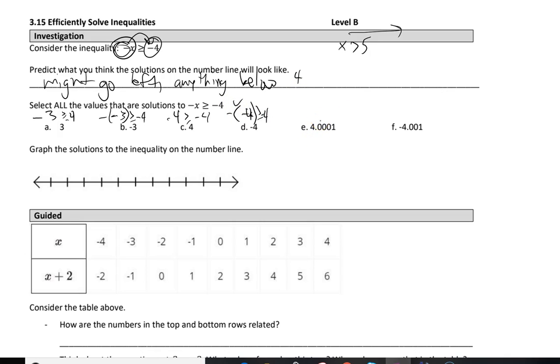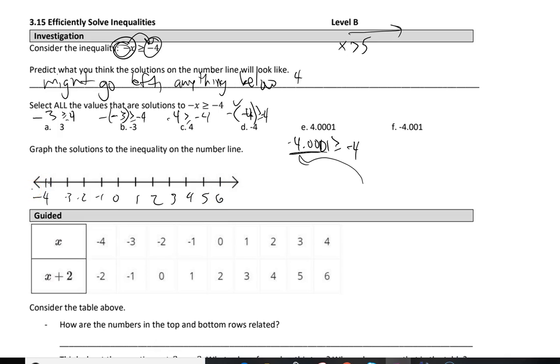All right, then this one, what about -4.0001 greater than or equal to -4? This is tricky, but if we think about a number line, this number here on the left is actually going to go past -4. So if -4 is right here, -4.0001 is right next to it.